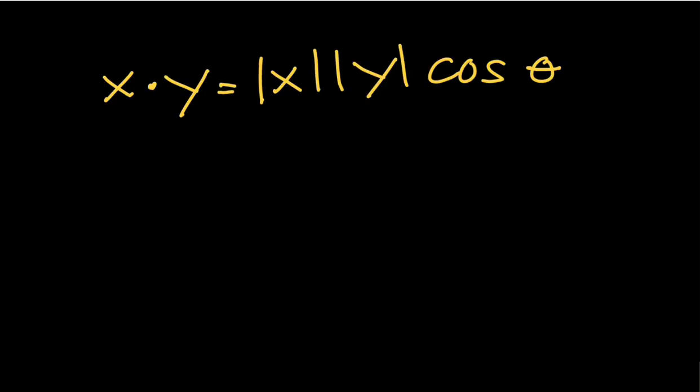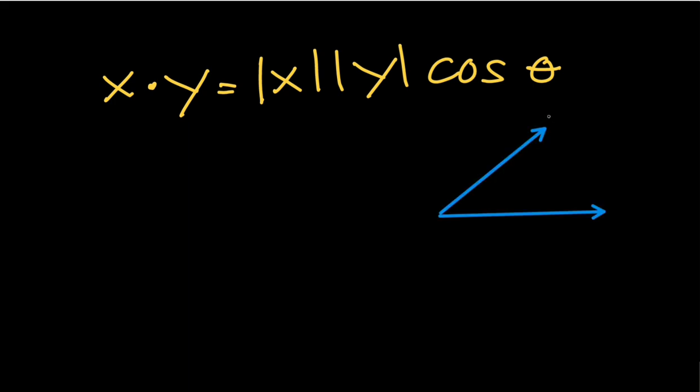All right, another formula for dot product is by using an angle. Let's say we're given vectors x and y again. So x dot y is just equal to the length of x times the length of y times the cosine of the angle between them.